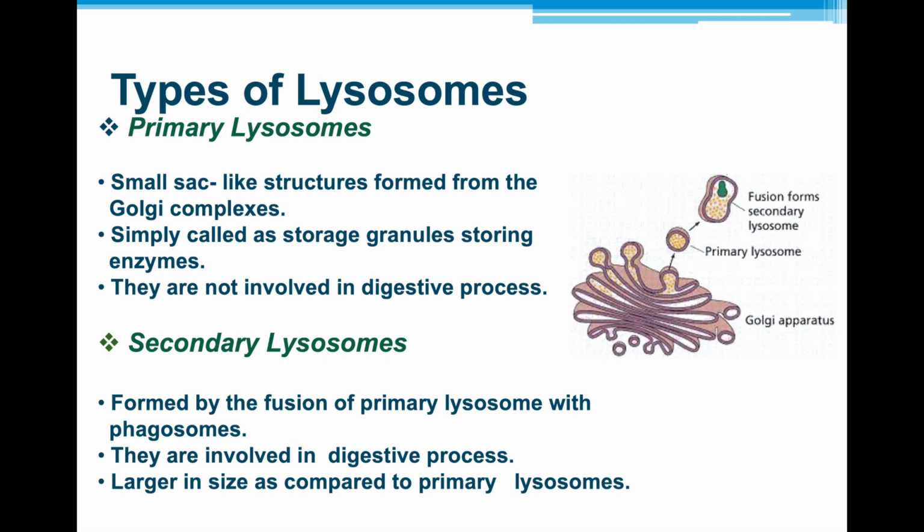Thus, they are involved in the process of digestion. Hence, they serve as digestive vacuoles. Compared to primary lysosomes, secondary lysosomes are larger in size and capable of releasing their enzymes outside the cells where they degrade foreign material.